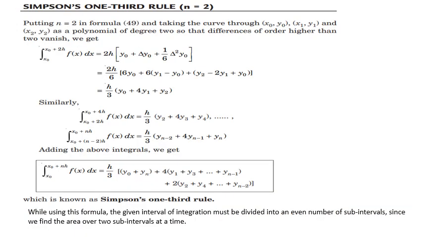Then when we use n is equal to 2 in the general equation which we have seen, we will get the Simpson's 1/3 rule formula, that is given by this. This is a single implementation of Simpson's 1/3 rule. When we implement Simpson's 1/3 rule multiple times, we will get this formula.